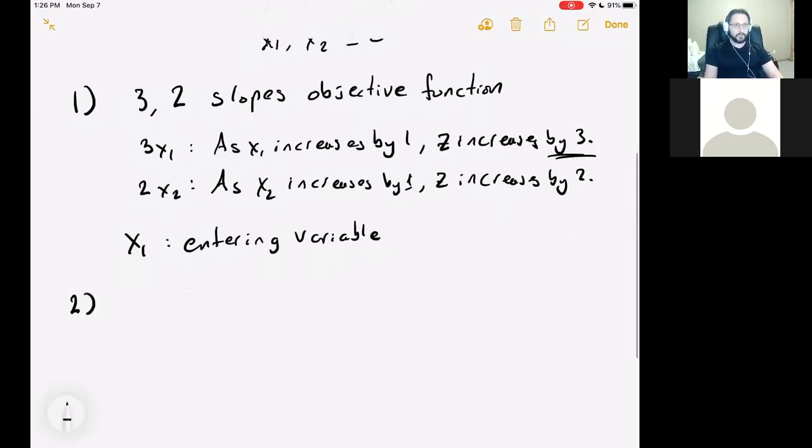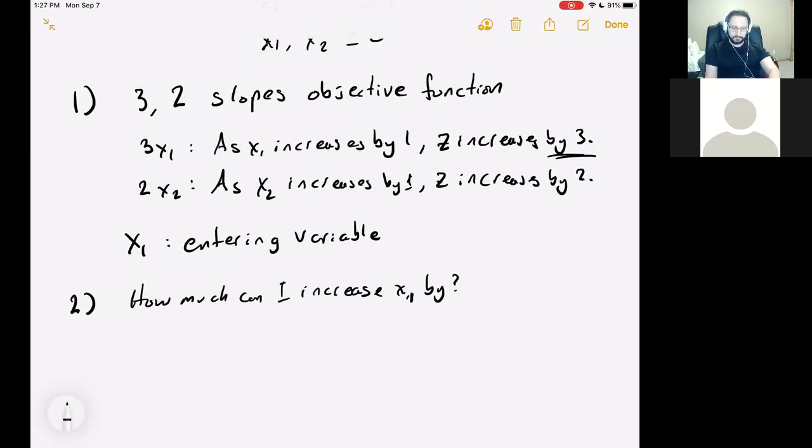So the next obvious question is, how much can I increase x1 by? If I want to increase z, I should try to increase x1 as much as possible.